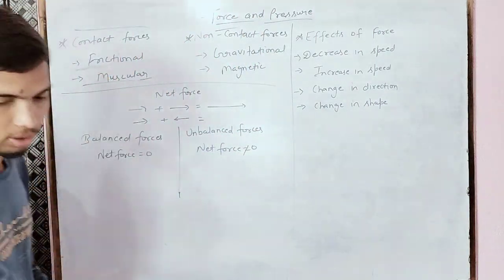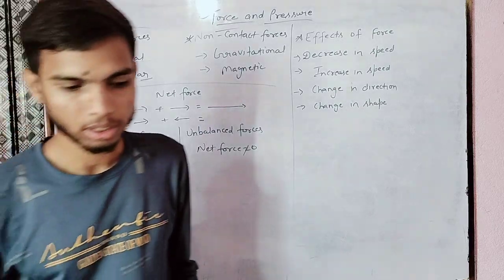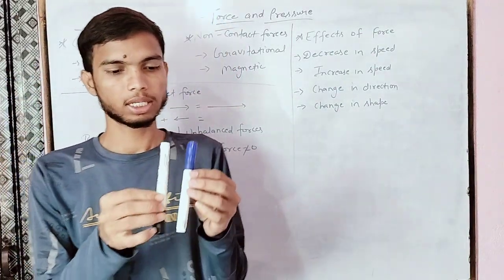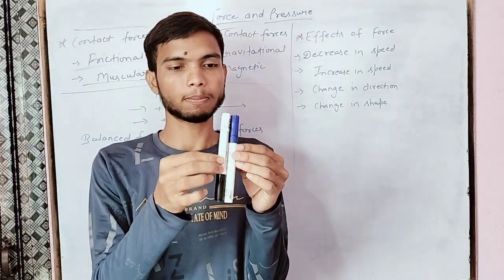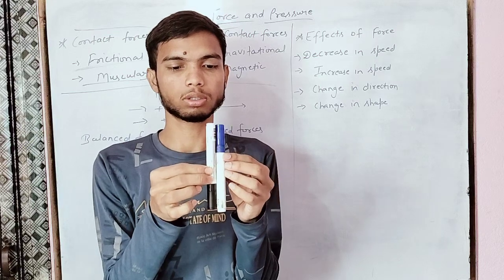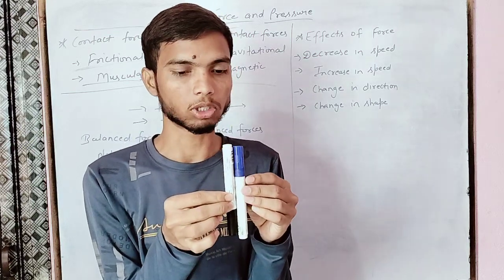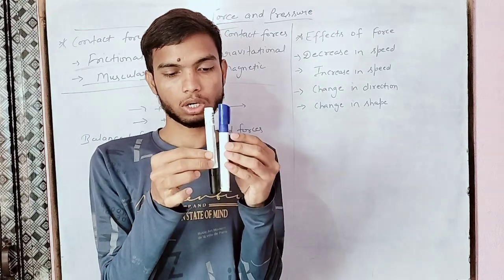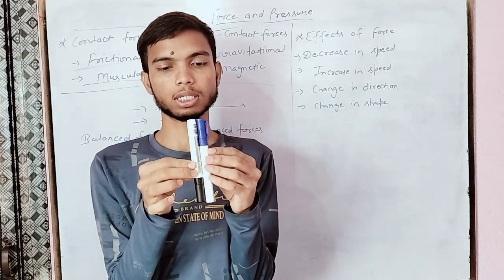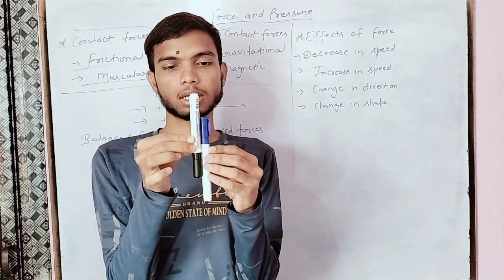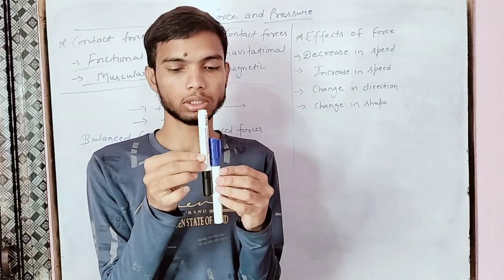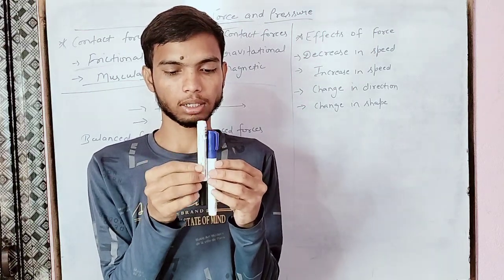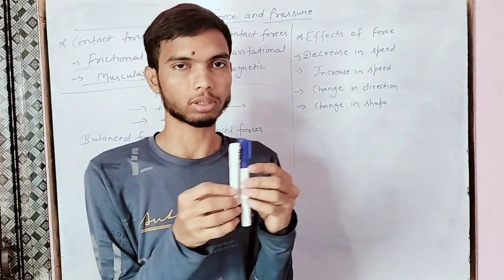But here, friction force can be between two objects that are not muscular, that are not made of muscles. Now these two markers are doing friction.